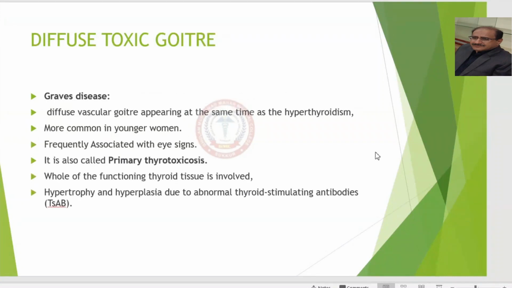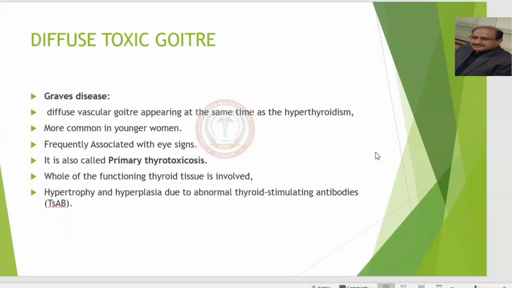Now, what is diffuse toxic goiter? We call it Graves' disease as well. It is an autoimmune disease, and there is a diffuse vascular goiter, meaning the whole of the gland is enlarged, appearing at the same time as the hyperthyroidism.